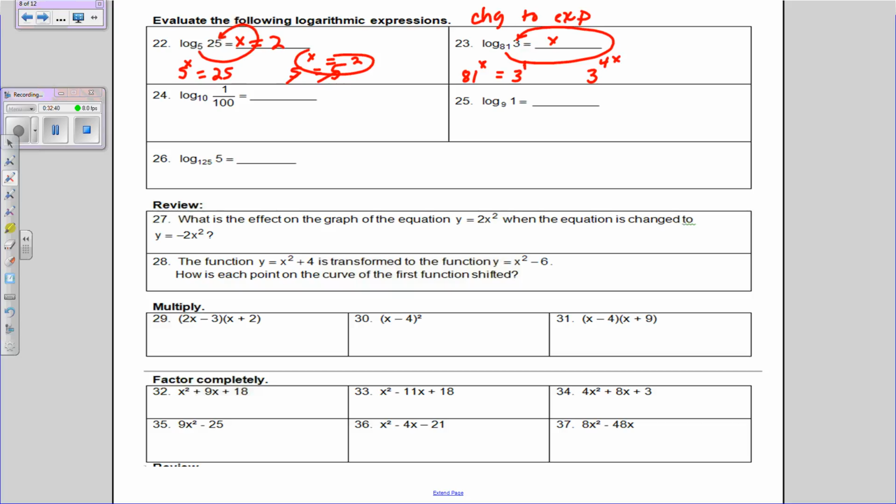And with the 3 over here, we have a 1 that's not written. Now we have like bases, so we're going to cancel the bases and solve. So if 4x equals 1, we would divide by 4, x equals 1/4.